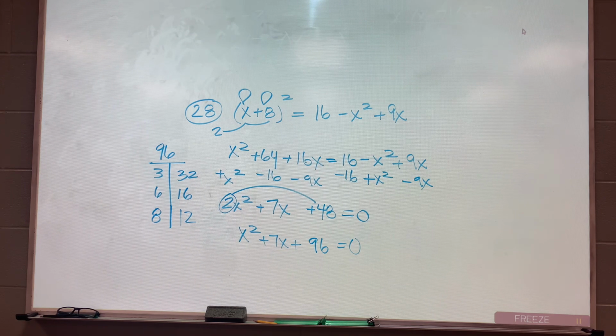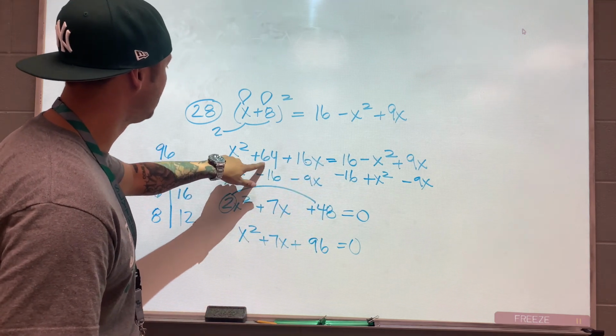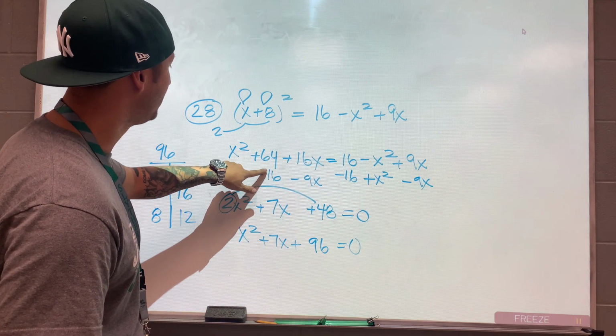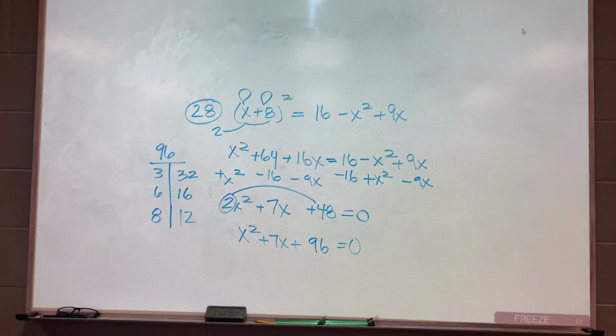Let me just think for a moment. Let's check our math. Subtracted 16, so this is 54, right? 54 minus 6 is 48.